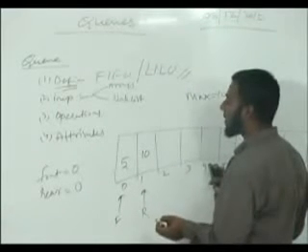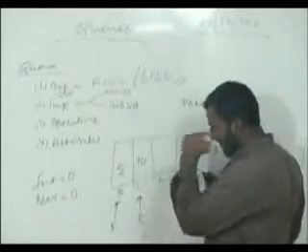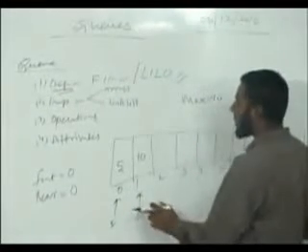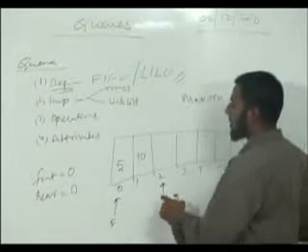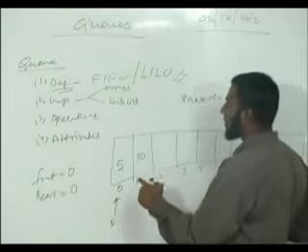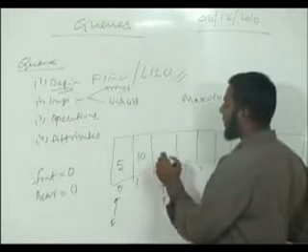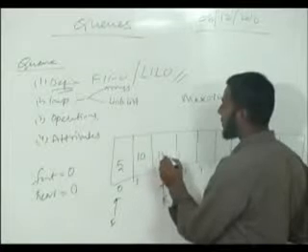When this element gets added, rear points to the next element. Then when a new element comes, the element 15 will be stored at this location where rear is pointing to.